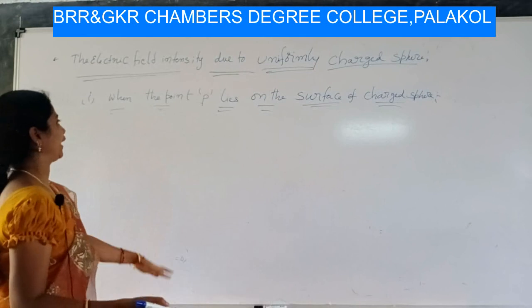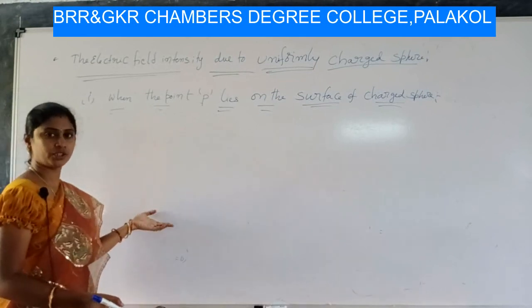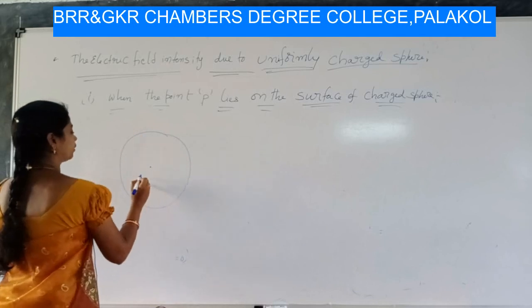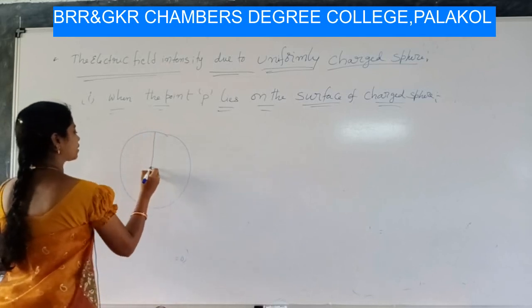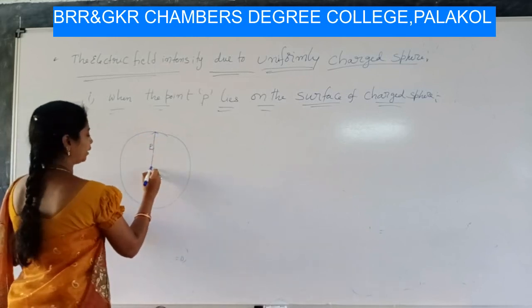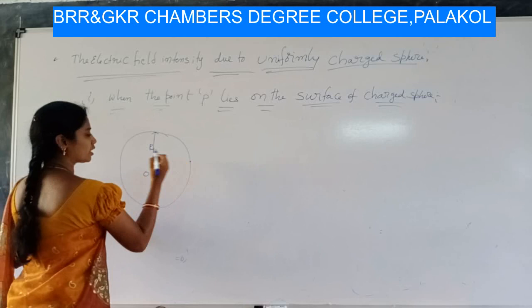When we take the point P lying on the surface of the charged sphere, we know the charged sphere has center O and radius r. We consider that point P lies on the sphere.